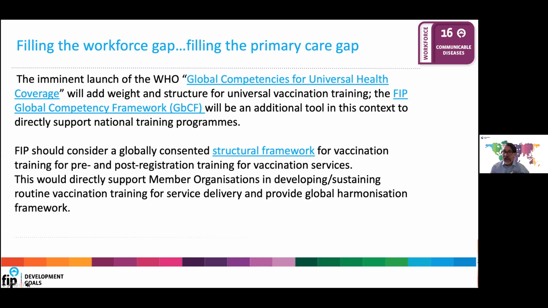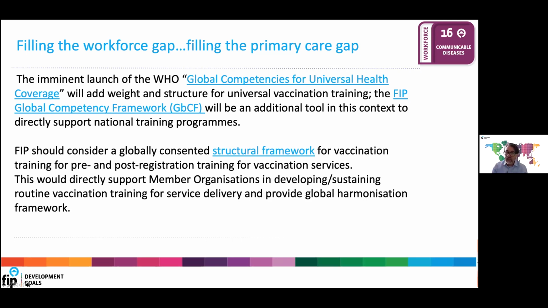And what WHO is trying to do, and ourselves, has been to work out throughout the whole spectrum of the healthcare professions, from community health workers all the way through to nurses and physiotherapists, pharmacists, dentists, physicians, what are the universal competencies needed to provide universal health coverage?